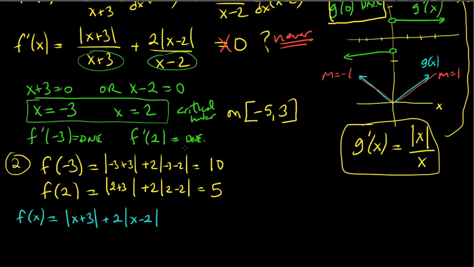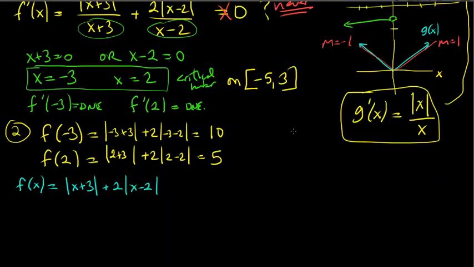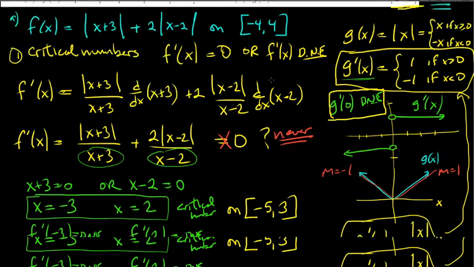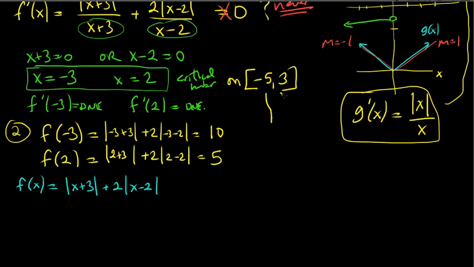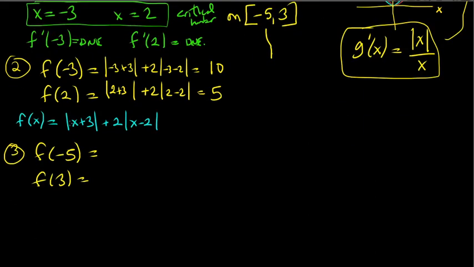Step 3, evaluate the endpoints, right? Plug in the negative 5 and the 3 into the function f. So let's do that down here. We plug the endpoints into the same blue function here.